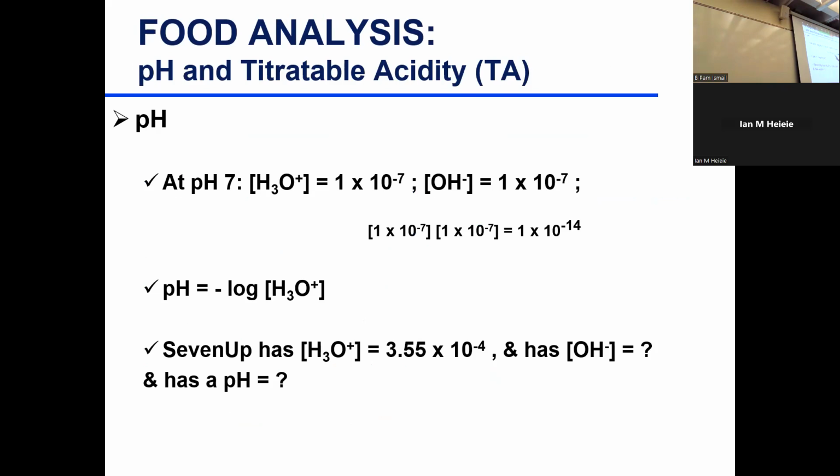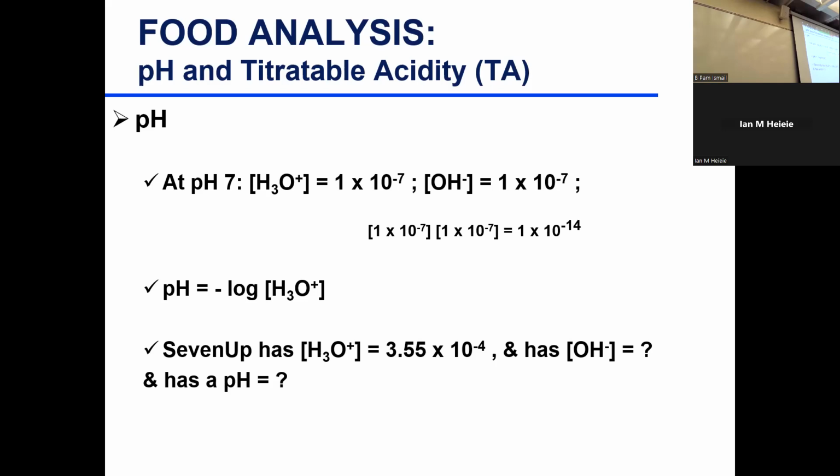What would be the concentration of hydronium ion? You can calculate that: 10 to the negative 7 times 10 to the negative 7 is 10 to the negative 14. Regardless of the pH, the product is always the same.